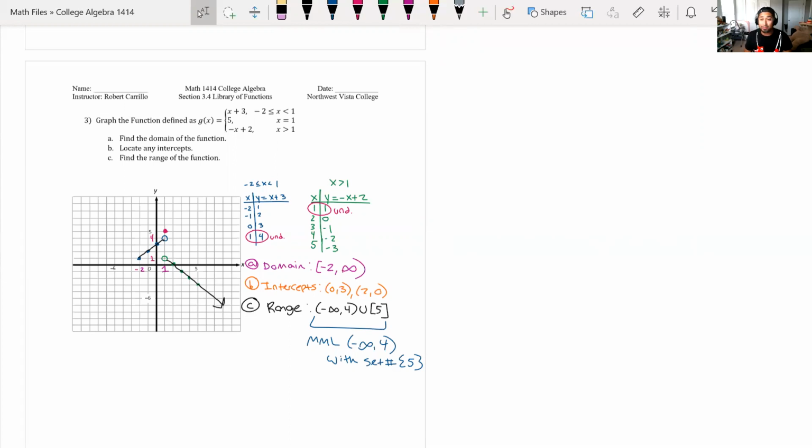Domain and range is definitely tricky on piecewise functions because now you're going over defined points and undefined points. Just remember that a defined point will be stated over an undefined point. Stated overrules, overwrites an undefined point. Because if you have a defined point, that means the function exists there, which means your domain can keep going and your range can keep going.